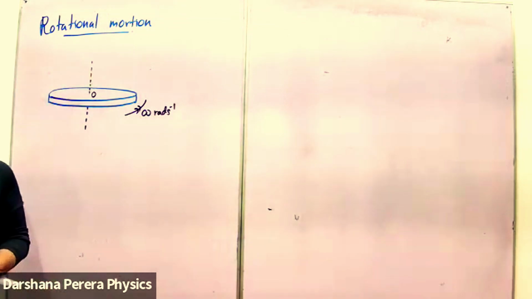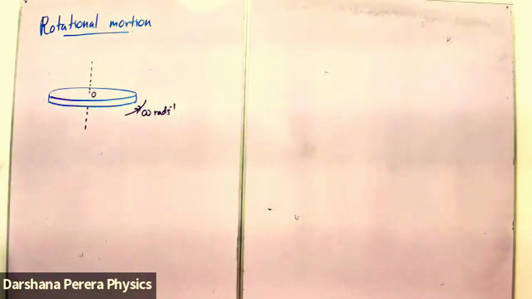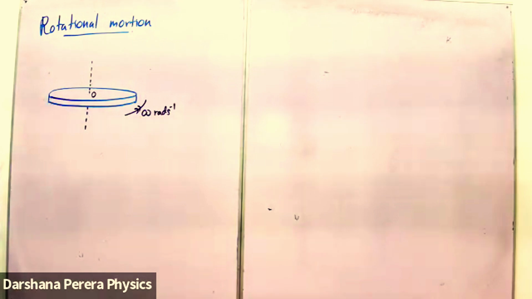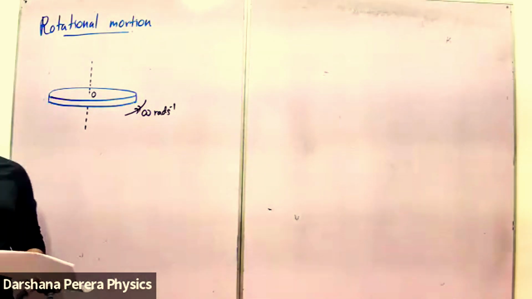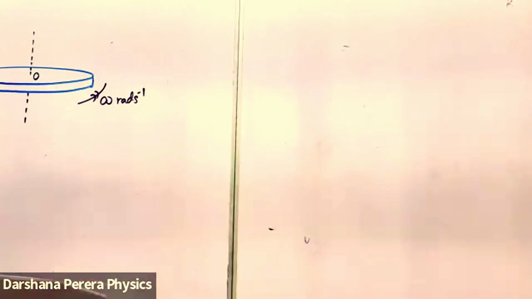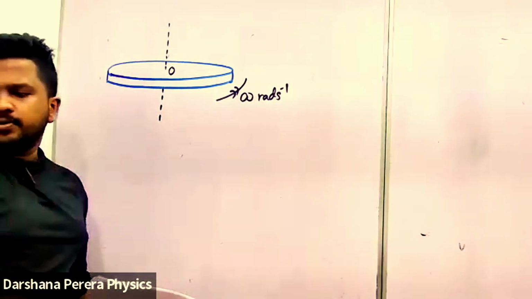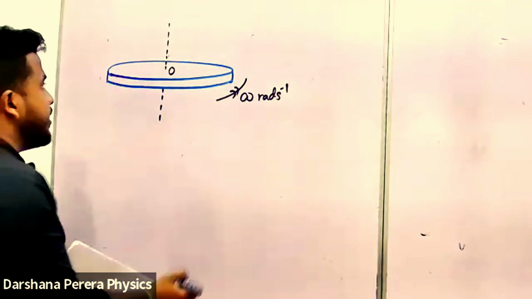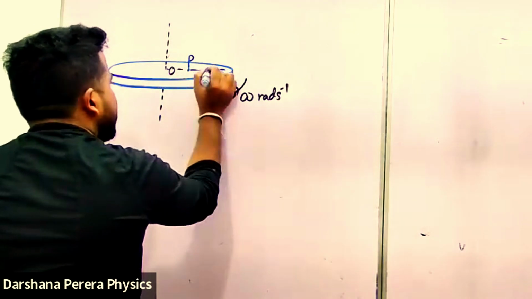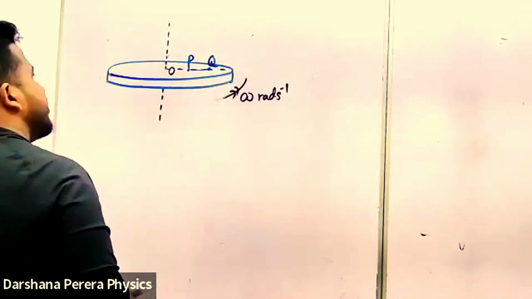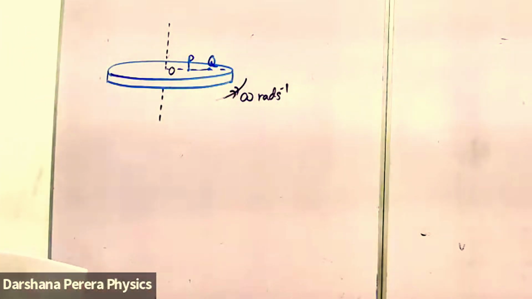Draw the diagram. Let me take two points, P and Q. Let's take this point as P and this point as Q. Right? P and Q. Draw this one.